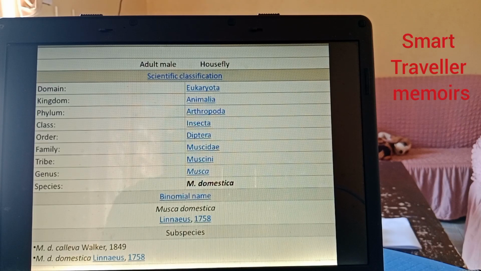So the domain is Eukaryota, Kingdom Animalia, phylum Arthropoda, order Diptera, family Muscidae, tribe Muscini, genus Musca, species M. domestica, and the binomial name is Musca domestica. And this one was done by Linnaeus, 1758.